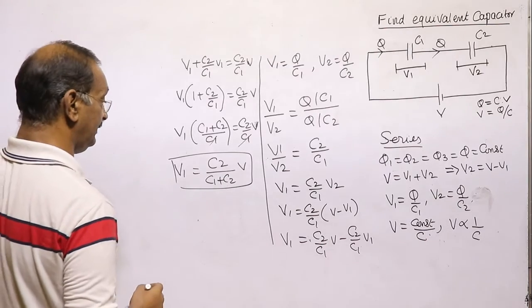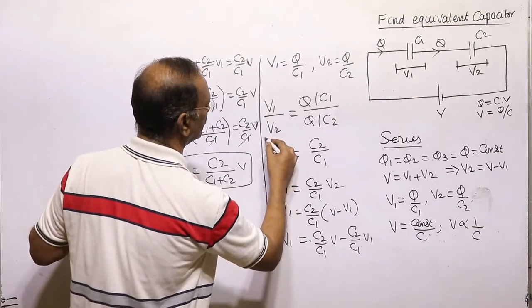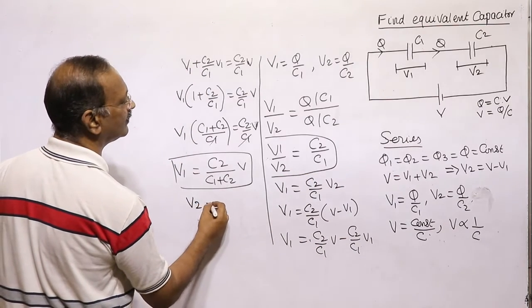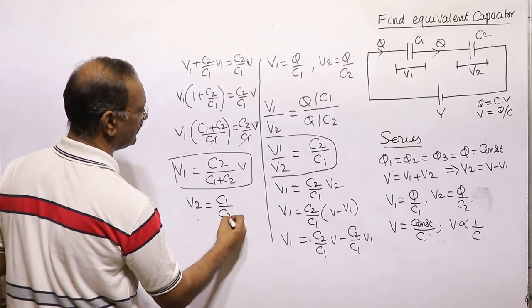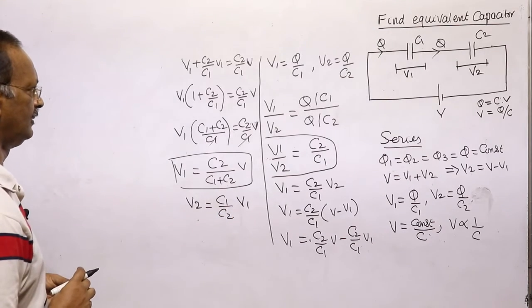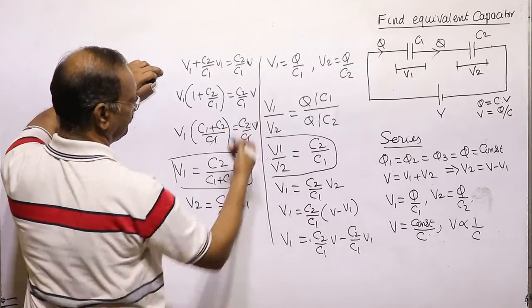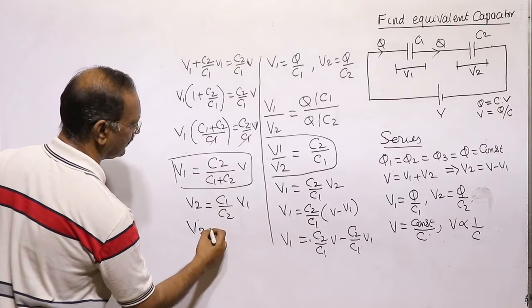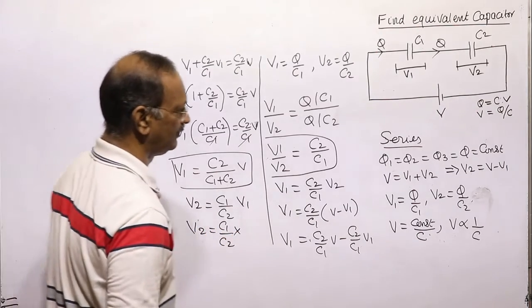What about V2? Here we can write from this equation V2 is equal to C1 by C2 into V1. What is V1?